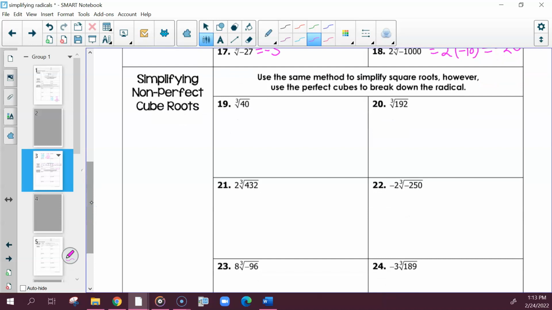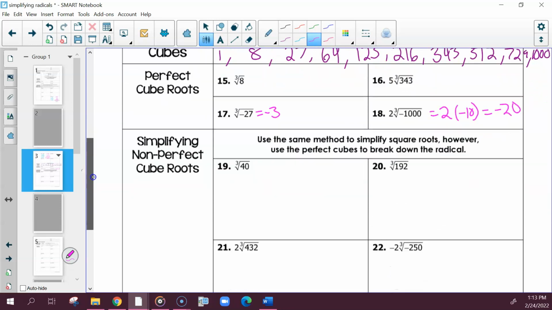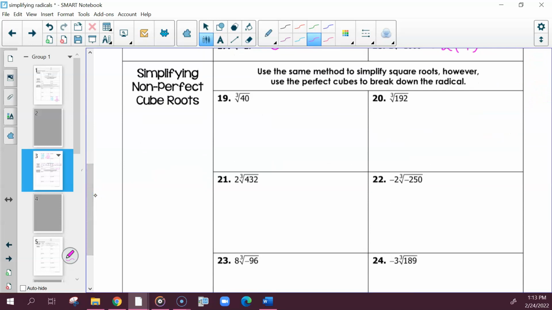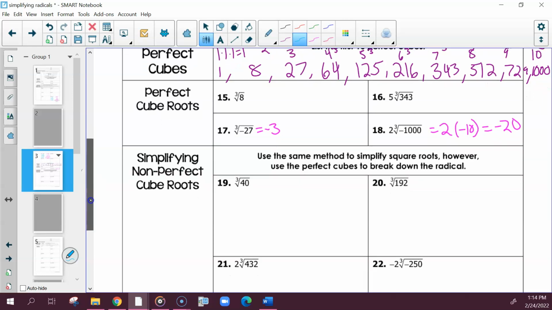40 is not one of our perfect cubes. We can go back and look. It falls between 3 to the third and 4 to the third. So if we're breaking it down by perfect cubes, we would think of the highest number that is a perfect cube that we can divide it by. So 64 is out, 27 is out, 8, we can divide 40 by 8.